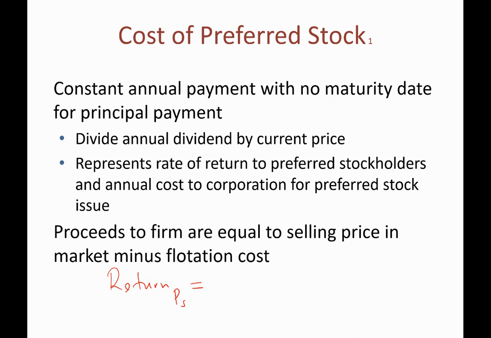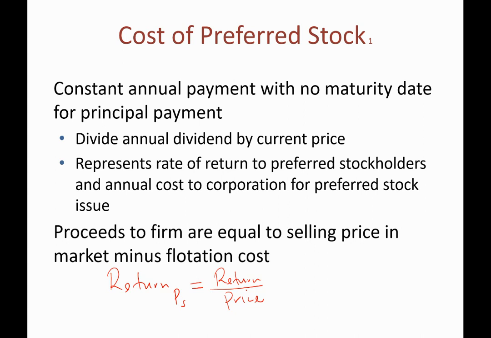For the case of preferred stock, if you remember, we basically said if you want to determine the return on a preferred stock, you will take the return on that stock divided by, of course, the price of that element.